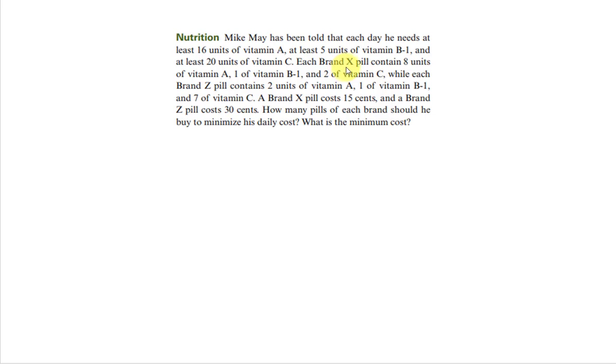Each brand X pill contains 8 units of vitamin A, 1 of vitamin B1, and 2 of vitamin C, while each brand Z pill contains 2 units of vitamin A, 1 of vitamin B1, and 7 of vitamin C. Brand X pills cost 15 cents, and the brand Z pill costs 30 cents.